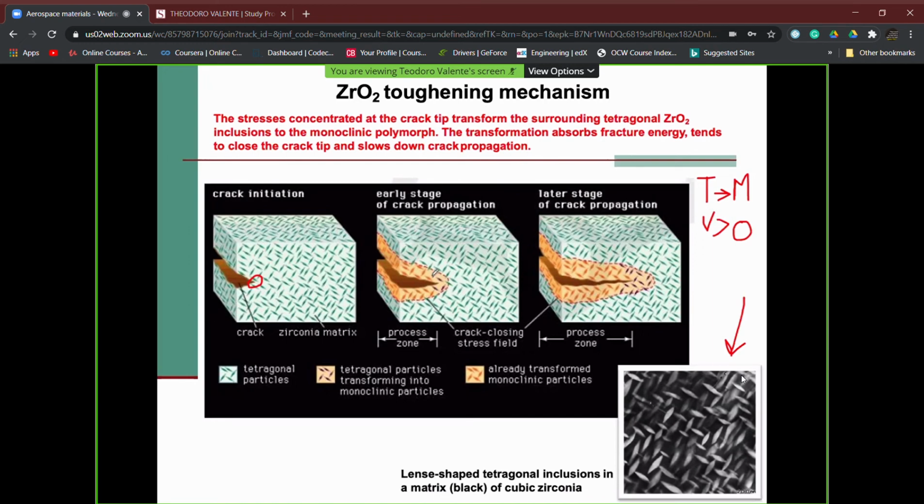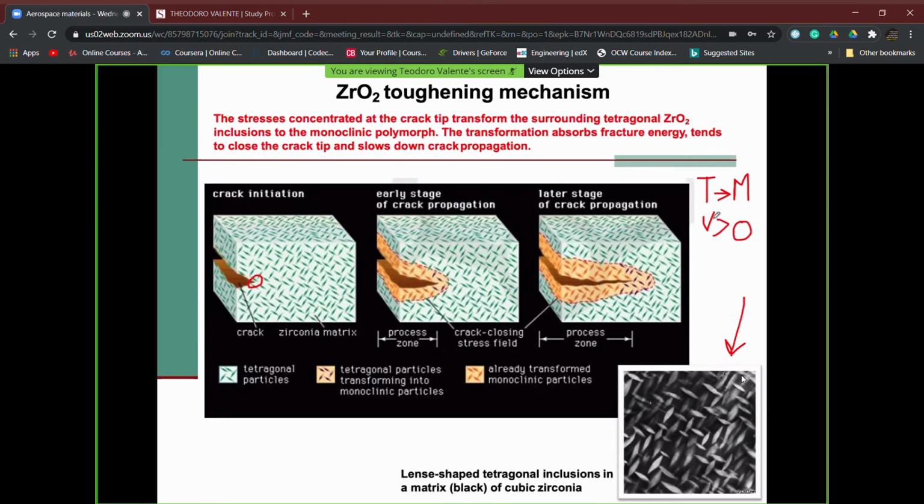And the question is, why in this case, this transformation which shows again an increase in volume does not give as a result the fracture of the material itself?